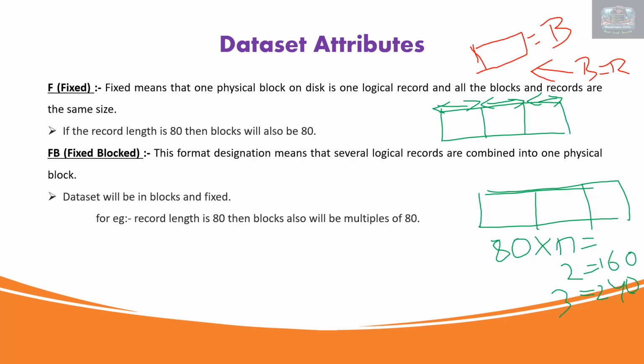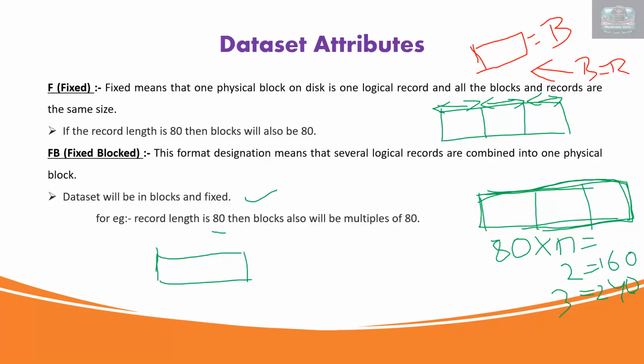And here, as this is a fixed block, the data set will be in blocks and fixed, right? Example, suppose you have specified record length as 80, and think that this is the data block.